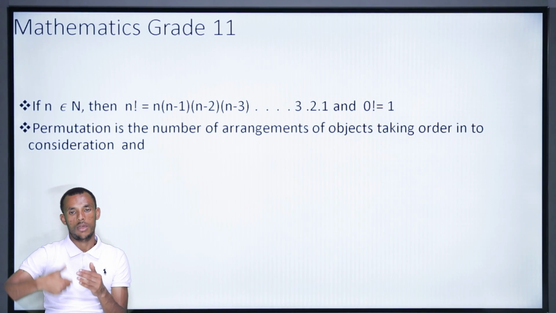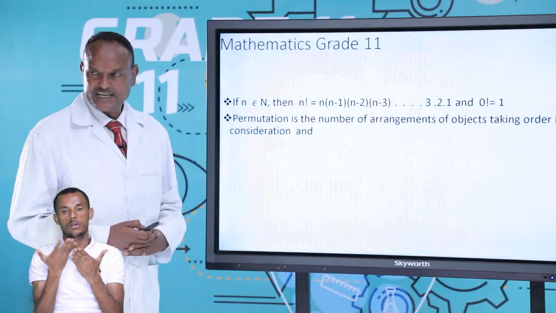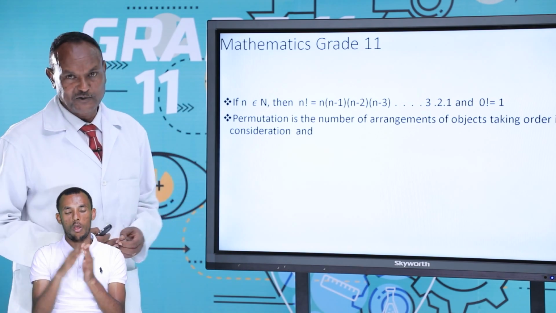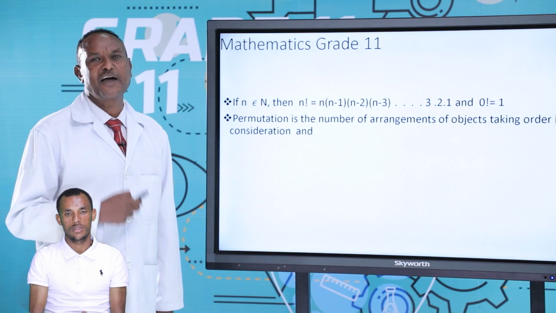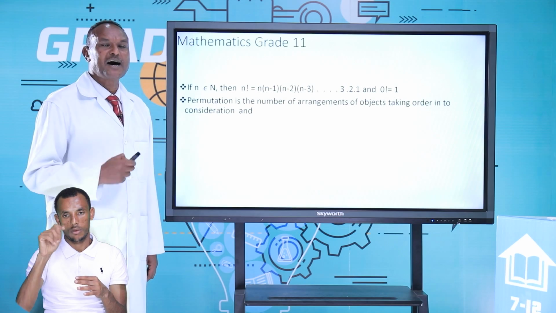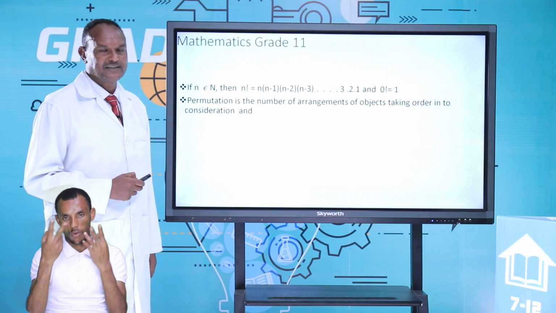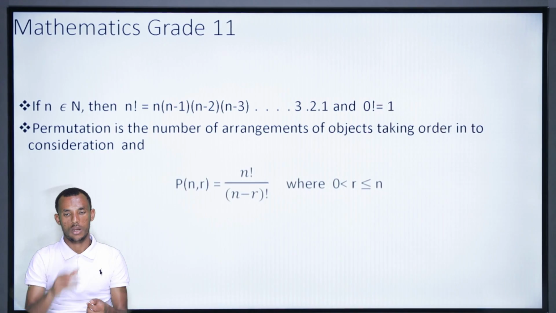The other, when you are asked to arrange objects, some arrangements take order into consideration. Such arrangements we call permutations. Some arrangements do not take order into consideration. Such arrangements we call combinations.